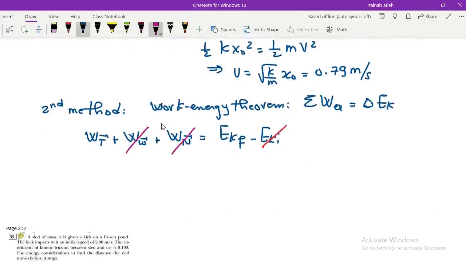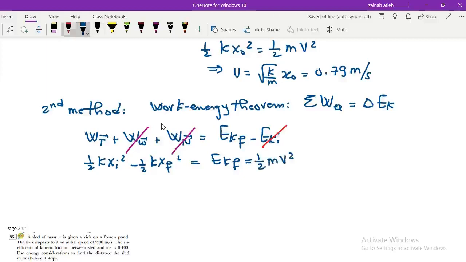Remember that the work of the tension is equal to half K x initial squared minus half K x final squared. I've given it to you. It's equal to EK final. I'm searching for EK final, which is for sure half m v squared.